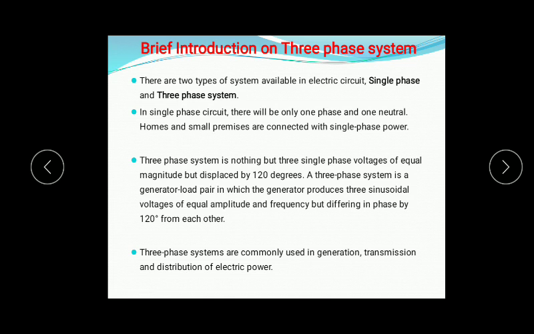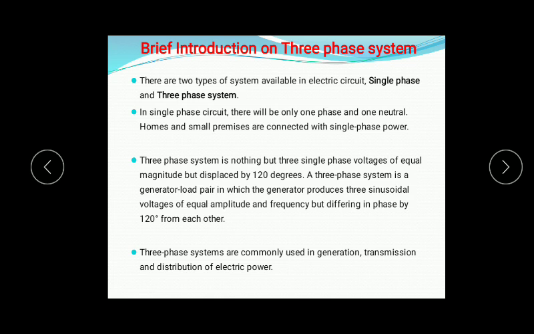A three-phase system is a pair of generator and a load, in which the generator is going to produce three sinusoidal voltages, or you can say three single phase voltages of equal amplitude and frequency, but at the same time they are differing in phase by 120 degree from each other.